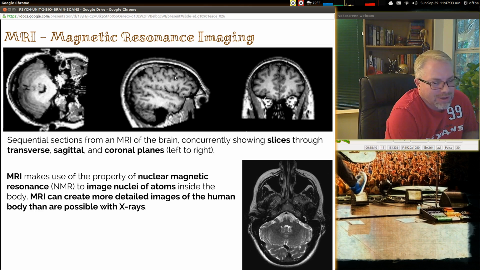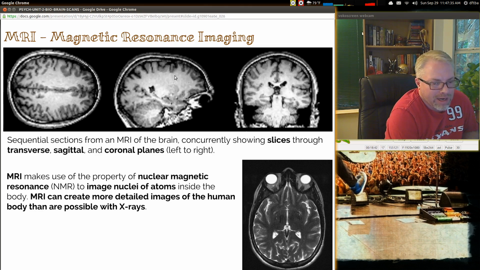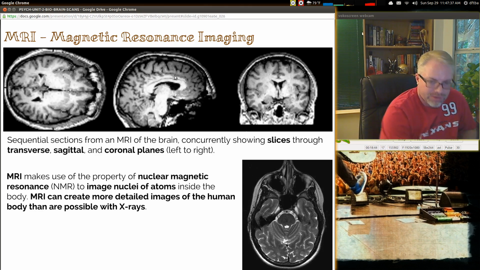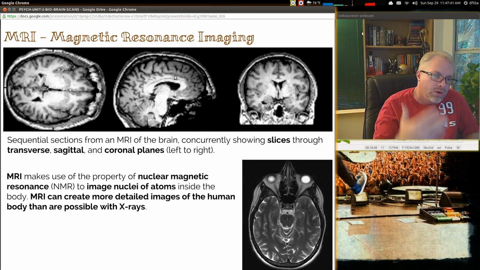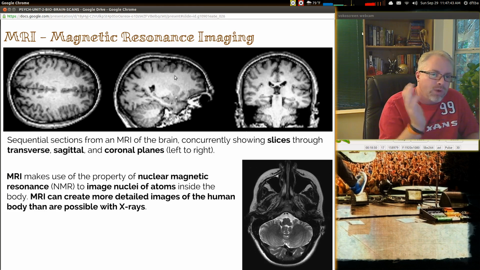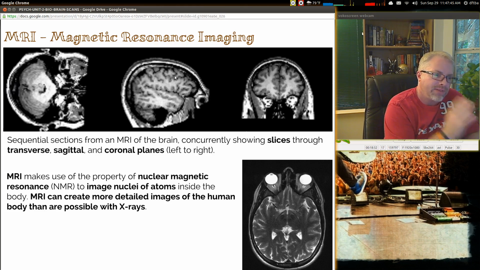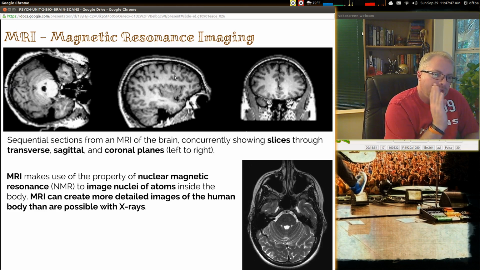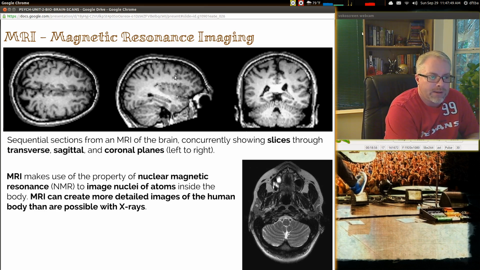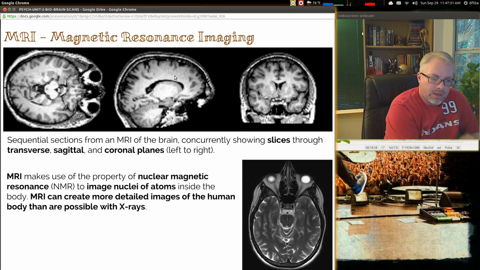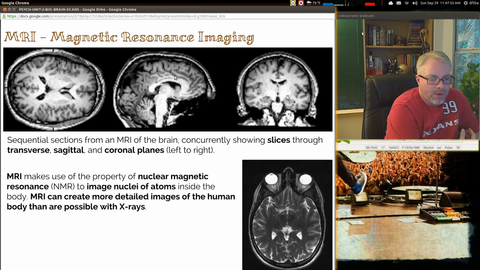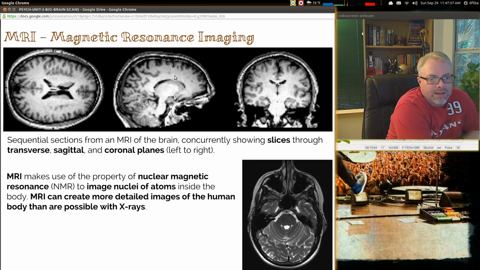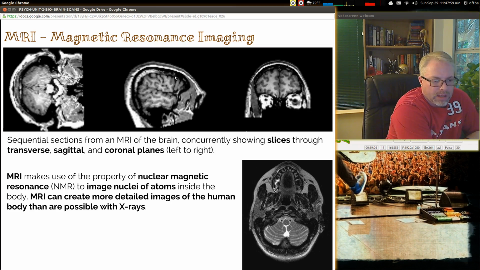But you get your sequential sections from an MRI of the brain. It concurrently shows the slices through the transverse, sagittal, and coronal planes. So from left to right, that's what you're seeing. Transverse is on the left, sagittal is in the middle, and then the coronal plane is on the right. The MRI makes use of the property of nuclear magnetic resonance, NMR, to image nuclei of atoms inside the body.